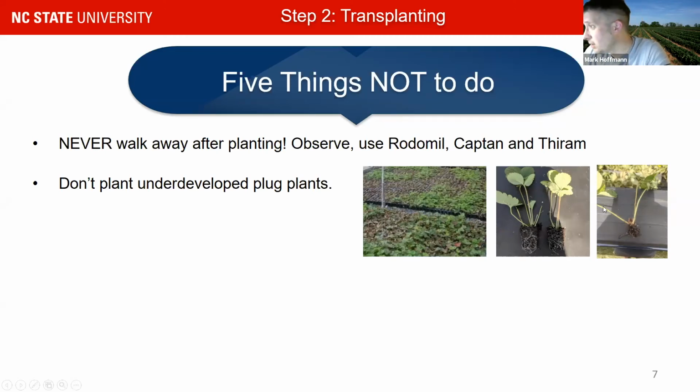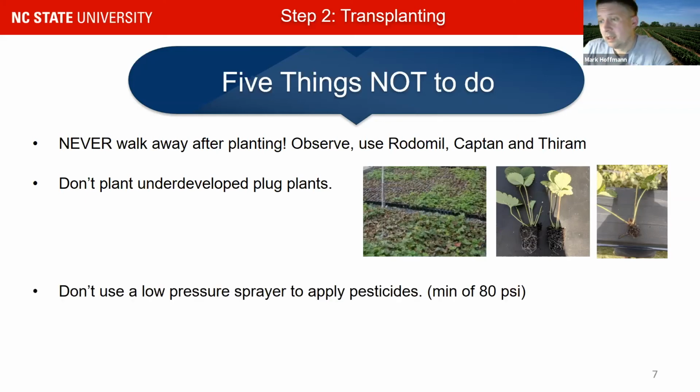And then of course, if you have something like this, where you have an old tip stuck and you see 2 or 3 leaves but no developed root system, which I had a lot of last year, you don't want to plant those plug plants either. That's a common mistake, that people still think those plants will develop. You might be lucky, but you will have a lot of problems from the get-go if you use this planting material.